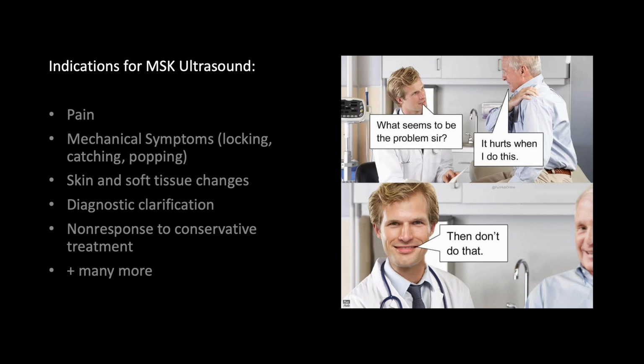And while sometimes your exam or the patient history can identify a readily apparent cause of that pain, sometimes I use my ultrasound to help narrow down my findings by looking at structures that may be involved in an otherwise equivocal exam. If a patient comes in with mechanical symptoms such as locking or catching or popping of a joint, that's a reason that I'll often reach for an ultrasound as my initial modality of imaging, and then progress to radiographs or CT or MRI if I need better detail or am more concerned about an intra-articular process that I'm not going to be able to see well using my ultrasound.